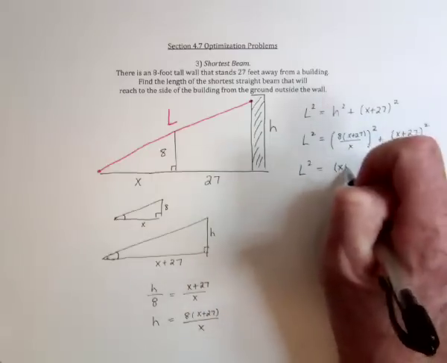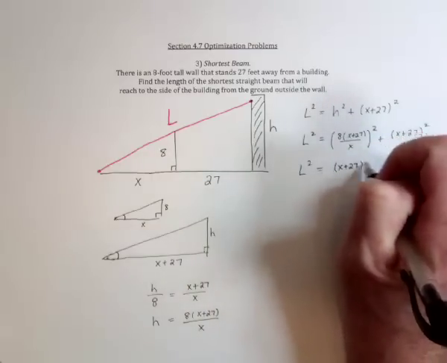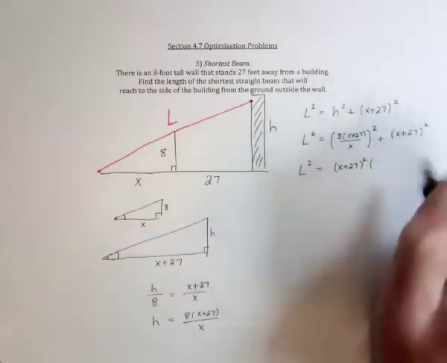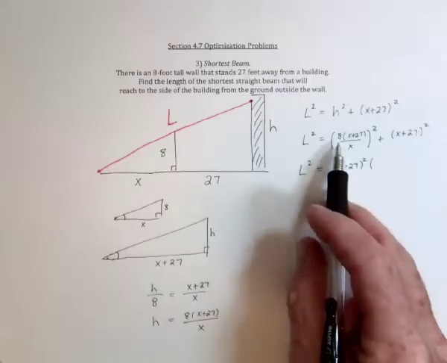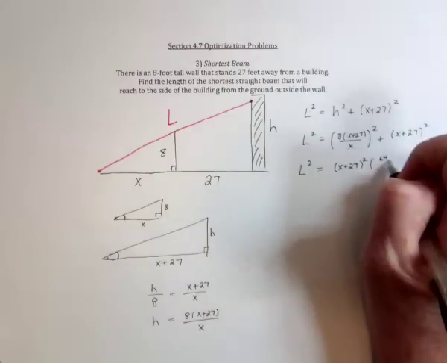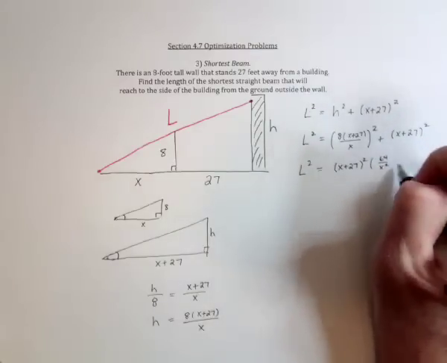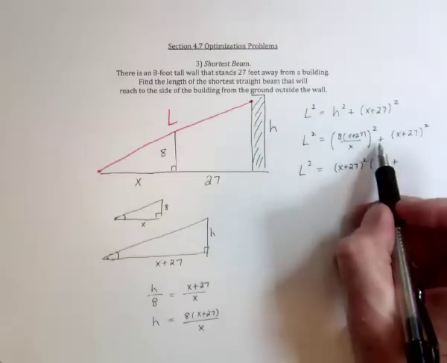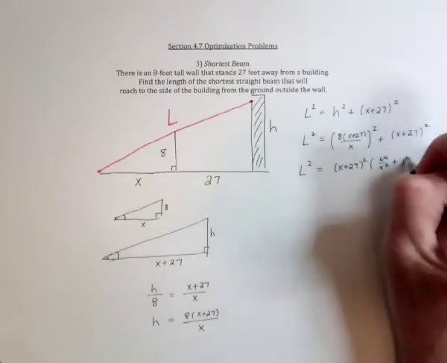So I'd have x plus 27 squared that gets factored out, and what would be left is 8 over x squared, so that's 64 over x squared, plus I factored this out, so it leaves behind a 1.